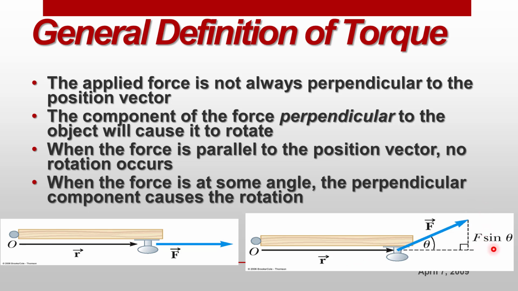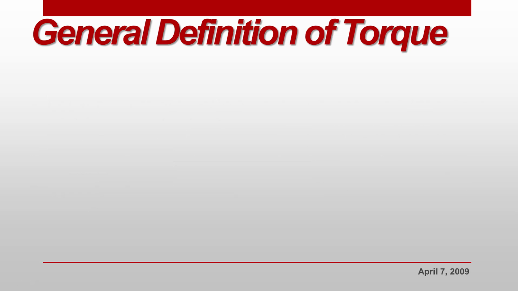F sine theta is the effective component of force which is producing the torque. So when force is applied parallel to position vector, no torque is produced. When force is either perpendicular or at some angle to r, then we will have some rotation, and that turning effect, that rotation, will be known as torque.